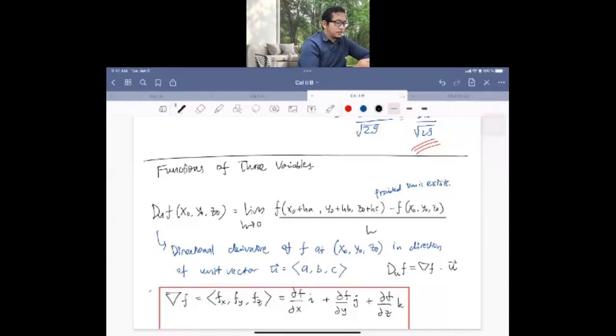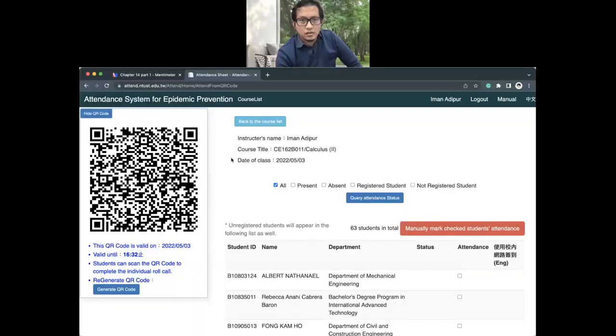I will show you the attendance sheet, and then I will have a feedback for today's, at least the first part on chapter 14. I will stop the sharing. Okay, so please scan the QR code.